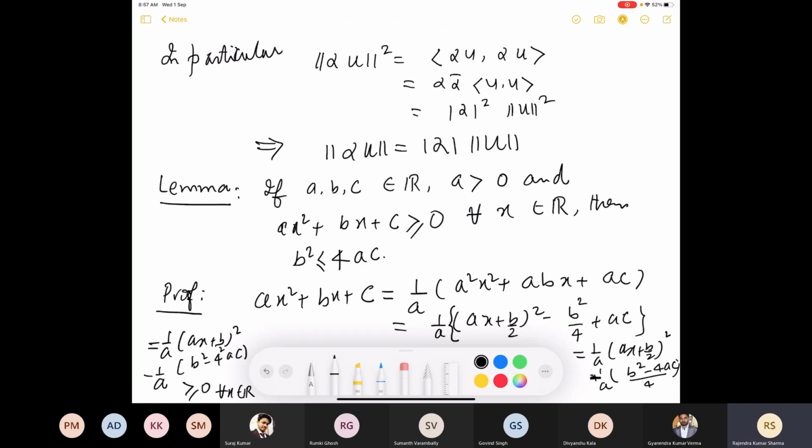So for x as minus b by 2a, when you put b by 2a with this, so this will be your minus of b by 2.